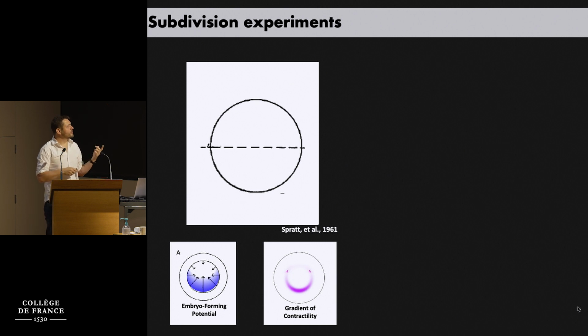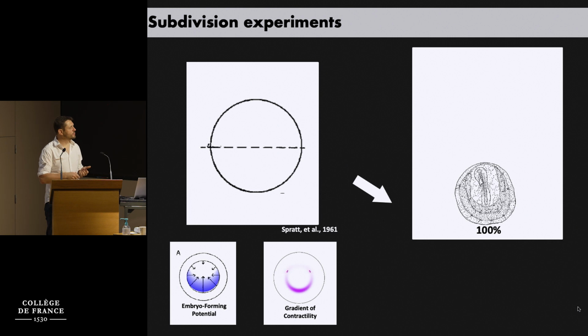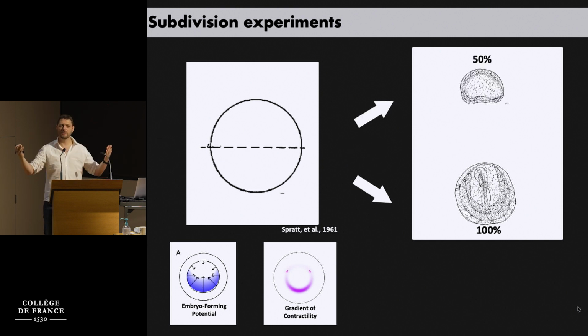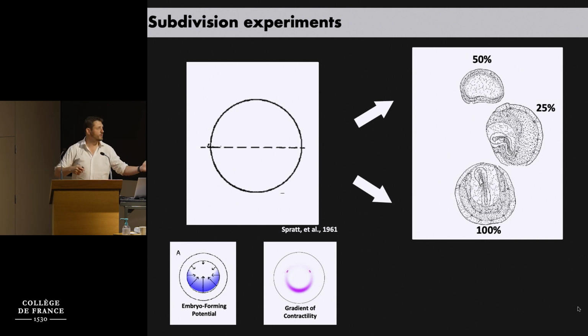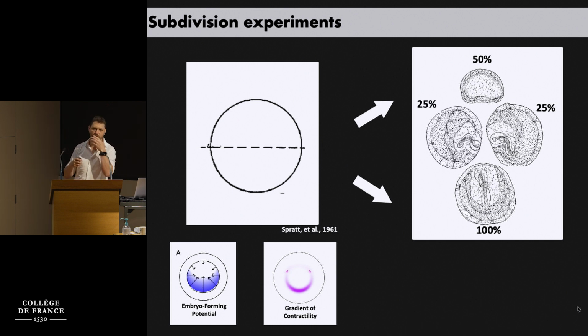Now, if I explain one experiment, it would be the bisection, which is a classical one. What they show here is that if you cut, 100% of the time you will get an embryo forming from the posterior. But if you cut in the anterior, it's not all the time. You get 50%. In the case that doesn't work, you get nothing. And then you get 25% an embryo appearing on the right, and 25% of the cases an embryo appearing on the left.